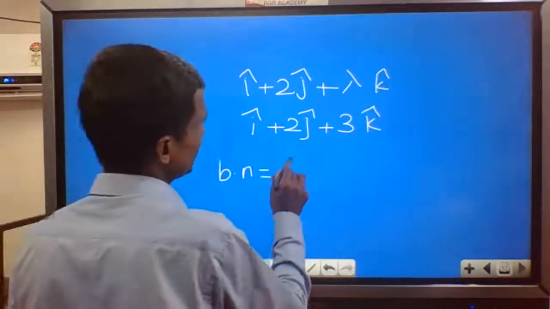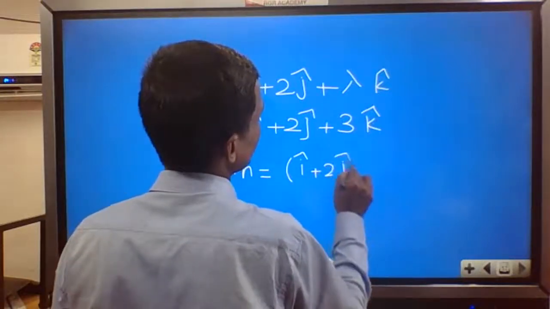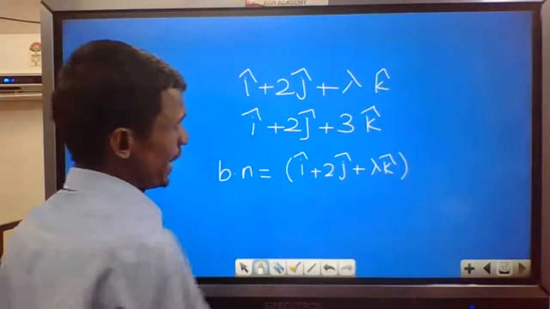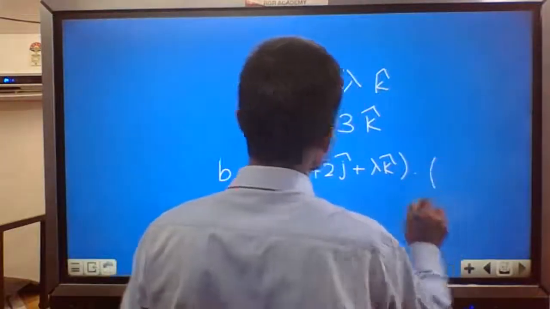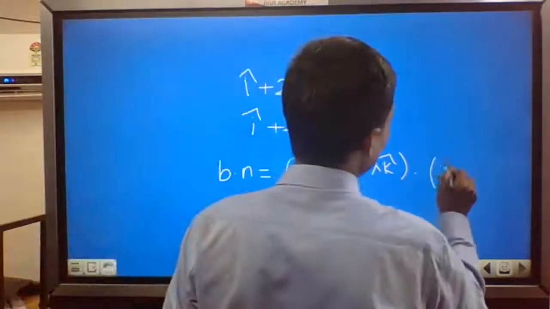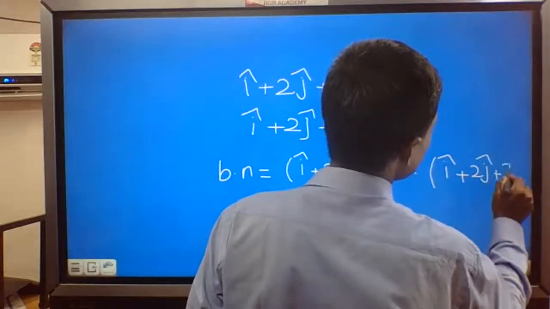The b dot n is the dot product of i cap plus 2j cap plus lambda k cap with i cap plus 2j cap plus 3k cap.